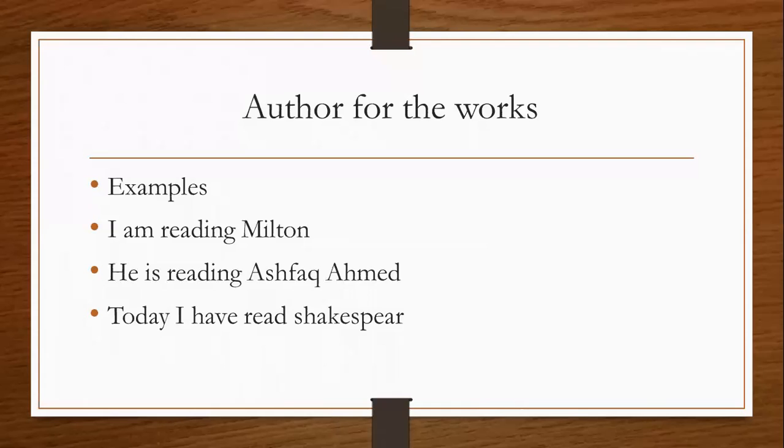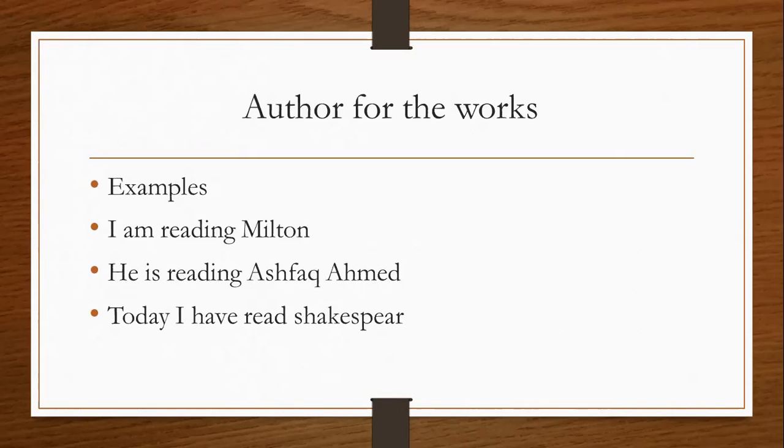That means Milton is a writer, and I'm reading his work, like Paradise Lost, his greatest work. The second example is "He's reading Ashfaq Ahmed." Ashfaq Ahmed is a great Pakistani writer, and he's reading his work, not Ashfaq Ahmed, who is a person.